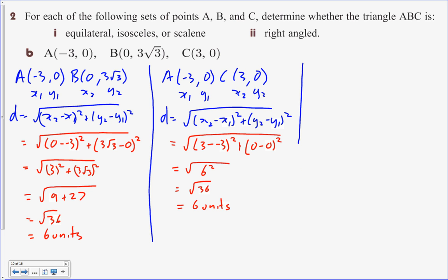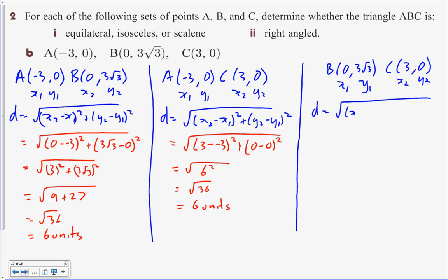Last one. We're going to have B, which is 0, 3 root 3, and C, which is 3, 0. So x1, y1, x2, y2. D equals square root x2 take x1 squared plus y2 take y1 squared. Substitute in our values.